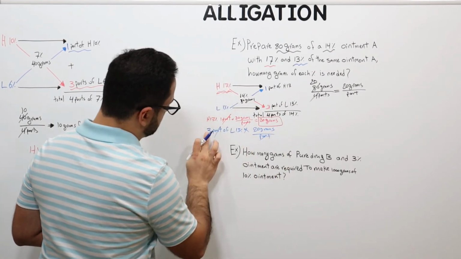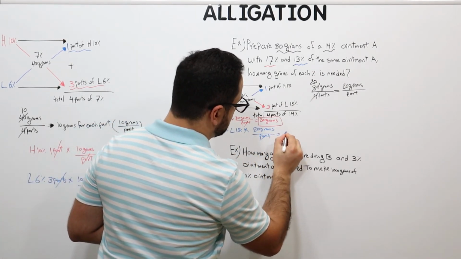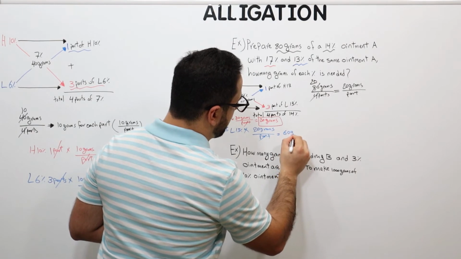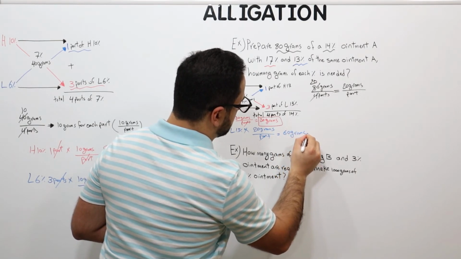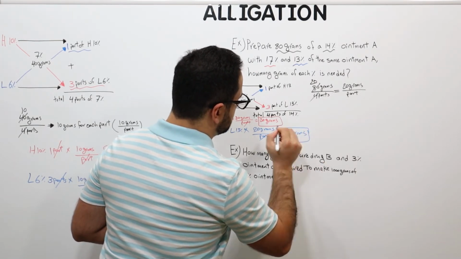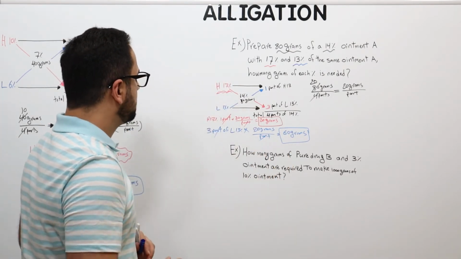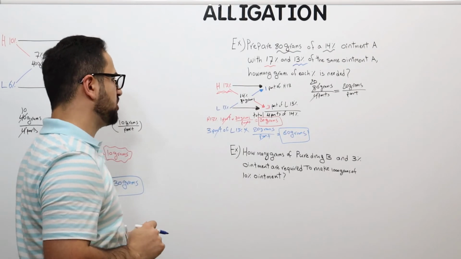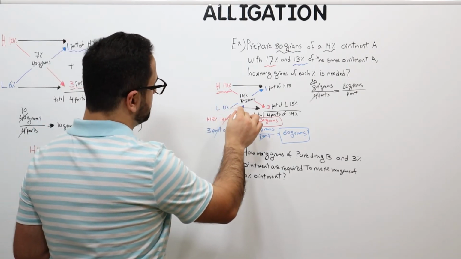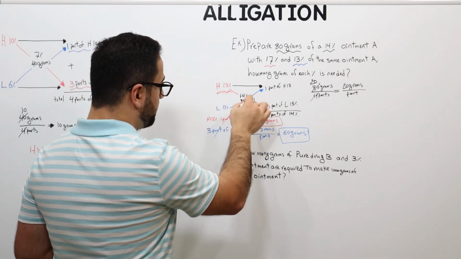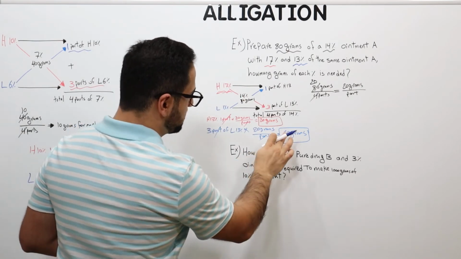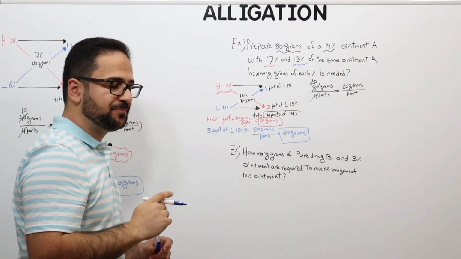Part cancels with part, and 3 times 20 is basically 60 grams. And this is how many grams we need from the low concentration to make up the desired concentration, which is 80 grams of the 14%. So 60 plus 20, that's 80.